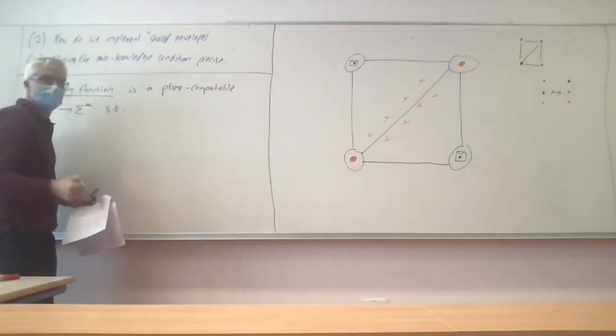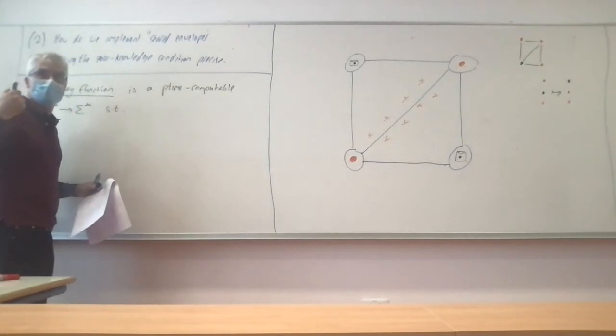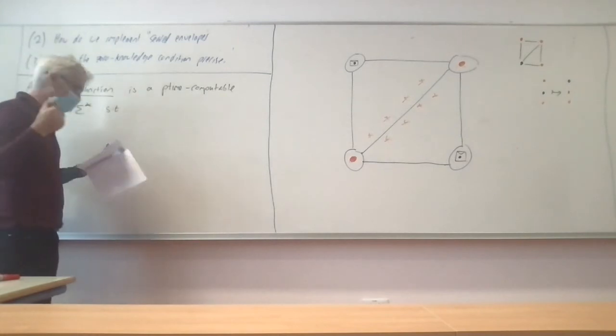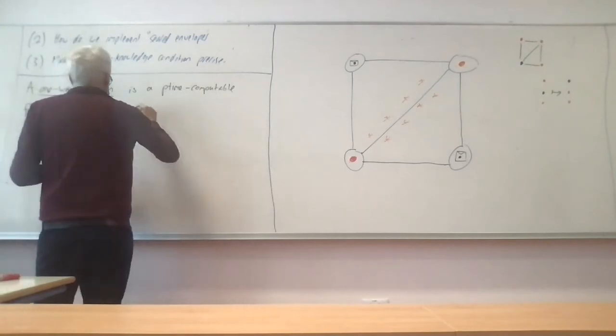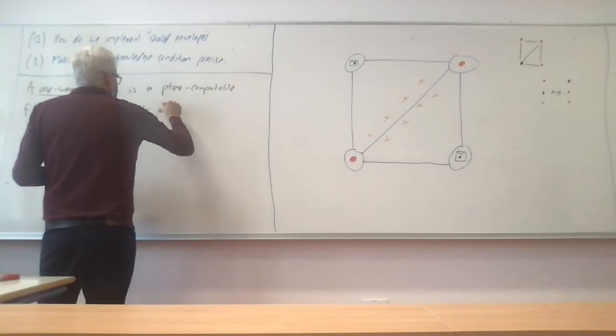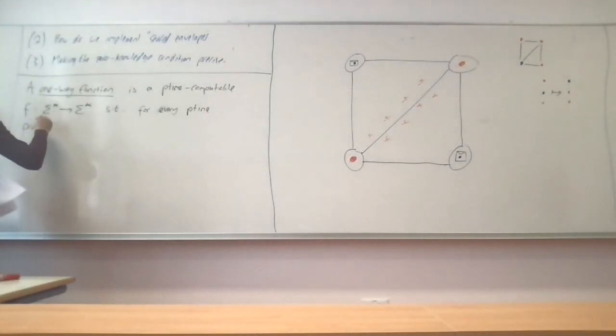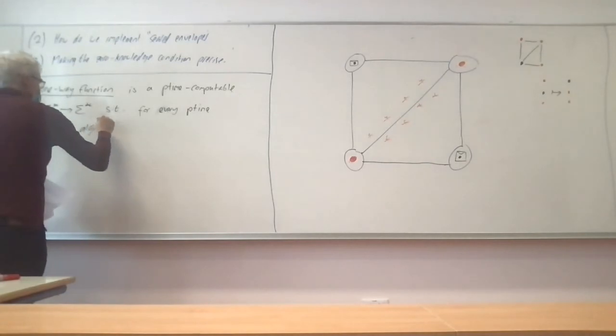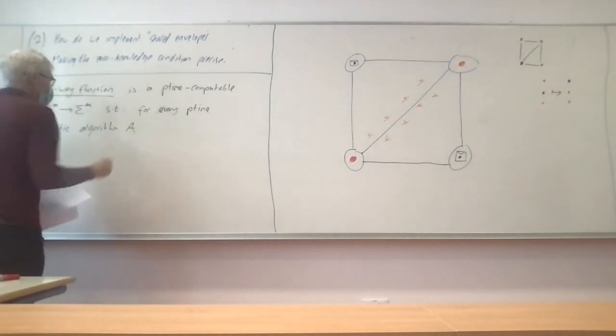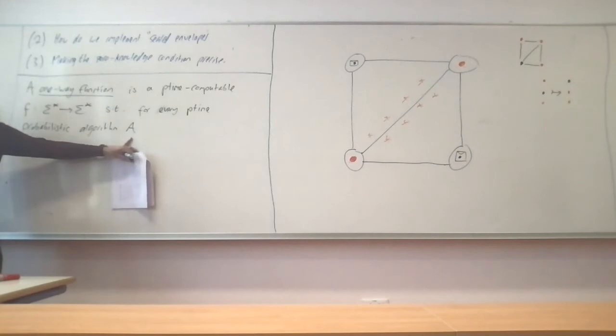So we're going to say, such that for every probabilistic p-time algorithm, this probabilistic algorithm is going to fail miserably to compute an inverse to the function f.